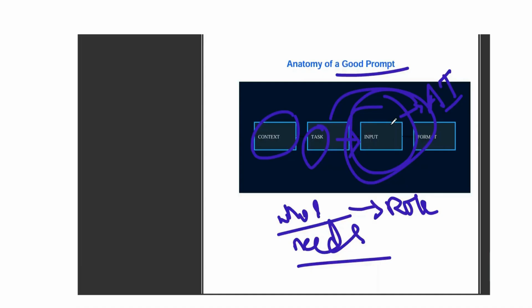Okay, and finally, tell AI how you want the answer. Format is very important. You need the response in a PDF format or a flow chart or in a diagrammatical format or like in a table format or anything.